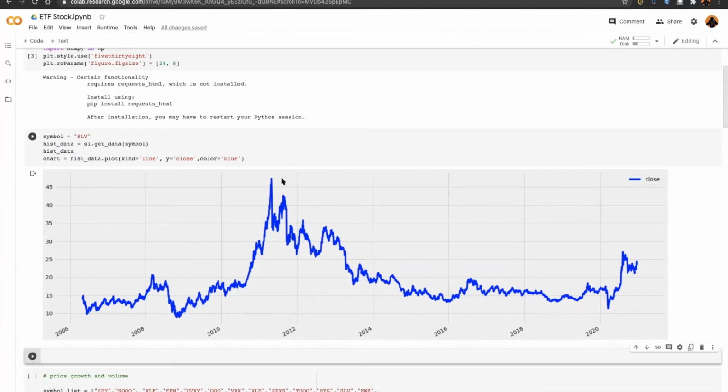Yeah. Around 2011, gold was also very high, and then silver went down around 2018, 2000, and before 2020. Then it's coming back again. Yearly, it's growing a lot, but in the last 2 to 3 months, it's not growing that much.